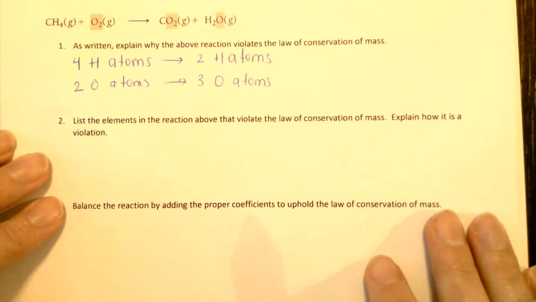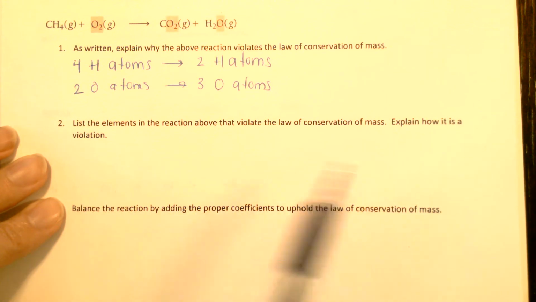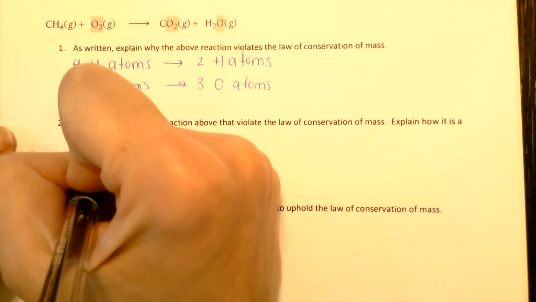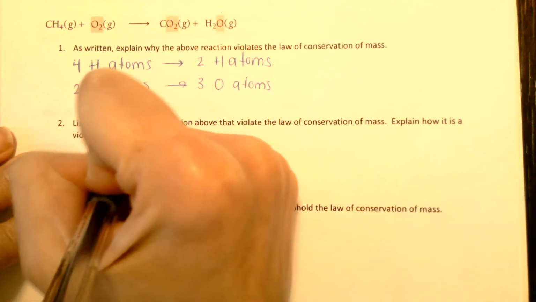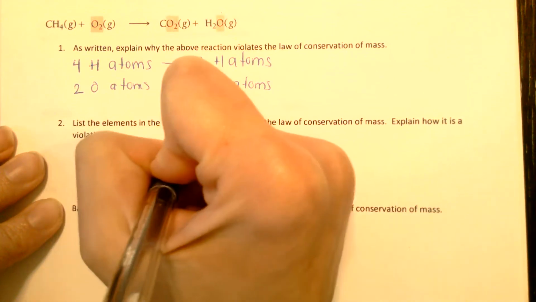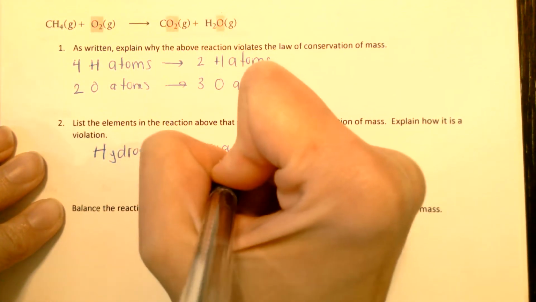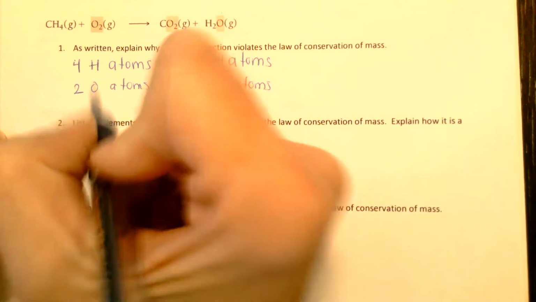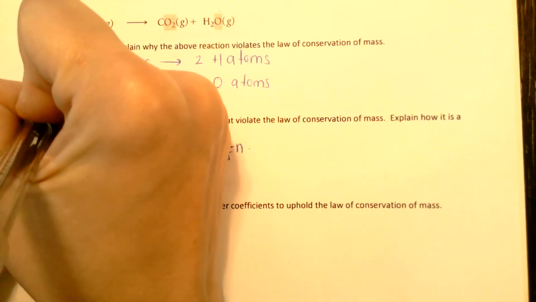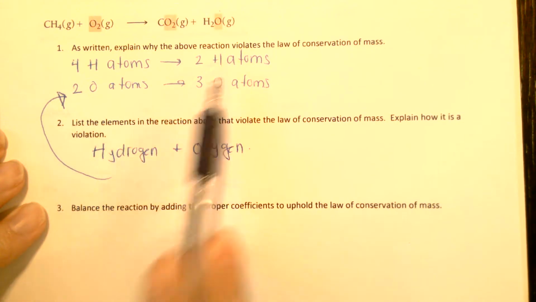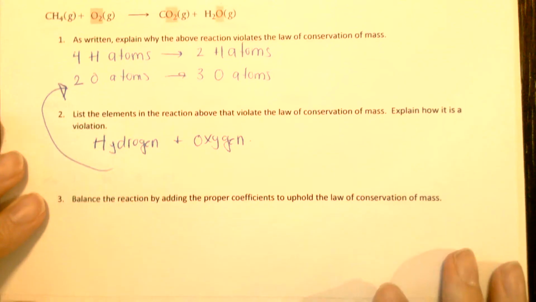So list the elements in the reaction that violate and explain how it's a violation. It was hydrogen and oxygen. And the explanation we wrote out up here: we went from 4 to 2, and then we went from 2 to 3.